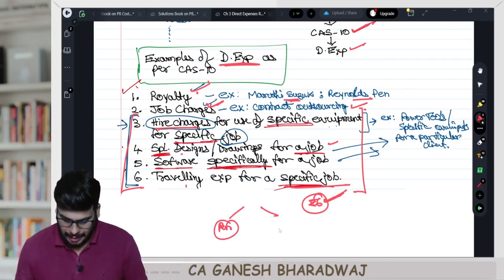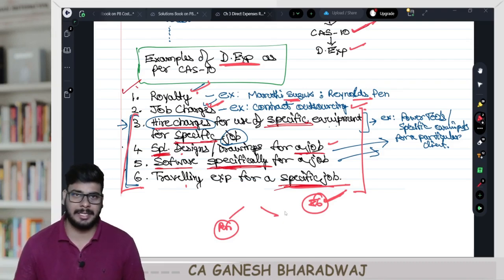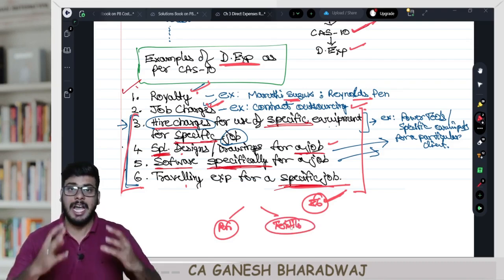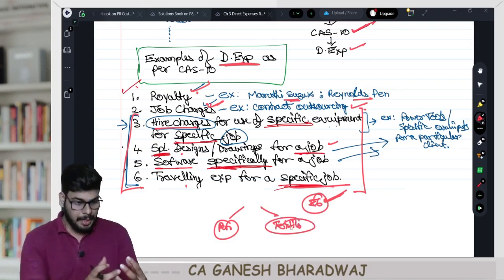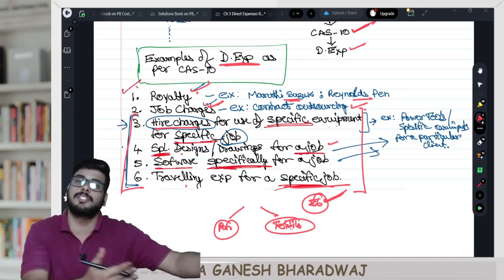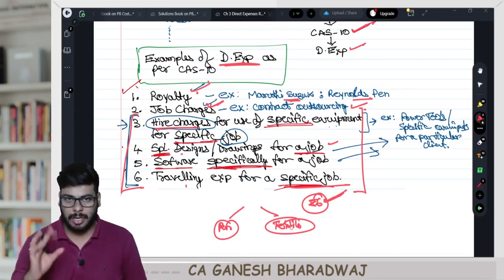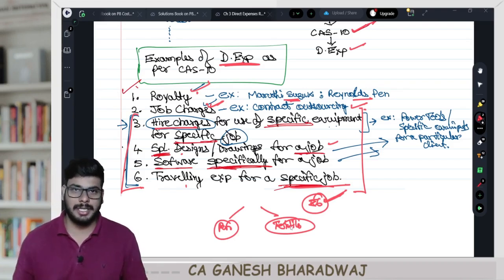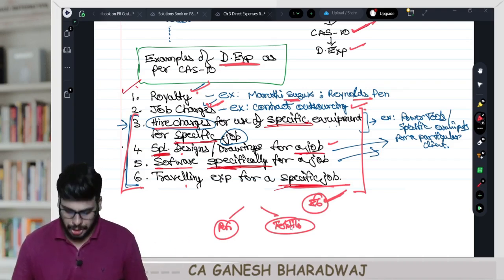The other client, let us say, is into the business of textile manufacturing, and I need to come up with a machinery that is suitable for his business. Clearly, this is an example of a job costing sector. What is the unique nature of a job costing sector here? The cost needs to be specifically identified and you need to calculate it separately. I cannot calculate it by averaging out.